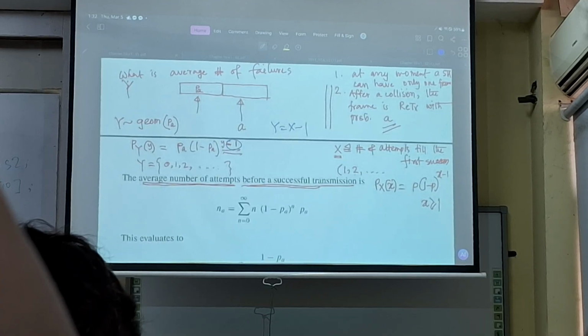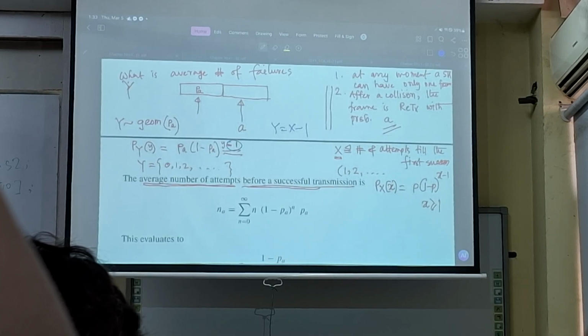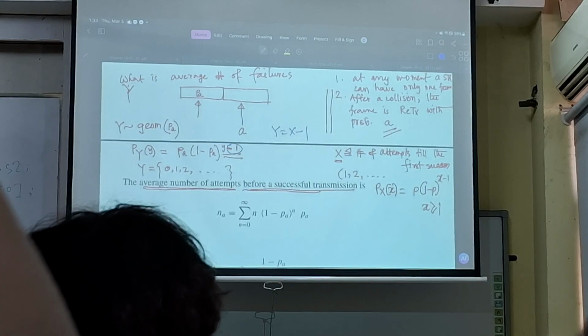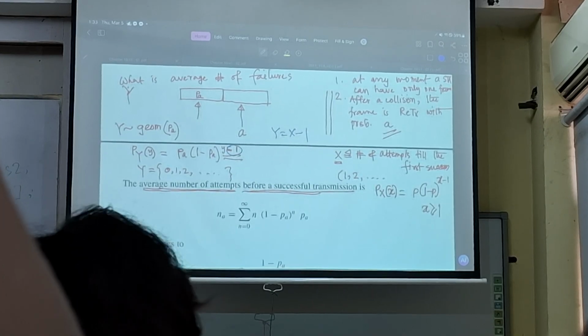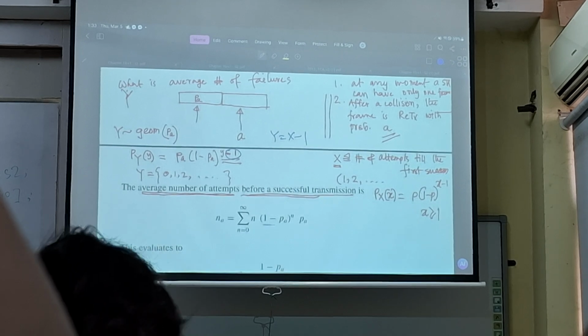When x is equal to 2, that means you need 2 attempts to get a head. One tail followed by a head, then y is equal to 1, because the number of tails before the first head is 1. You understand this one, right? And that's why the PMF here is this.